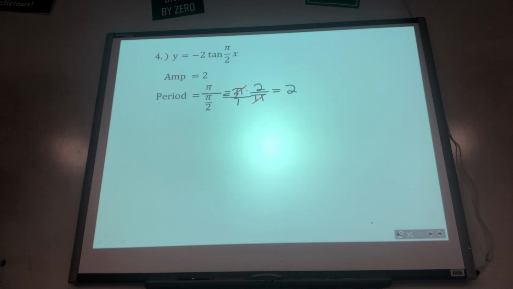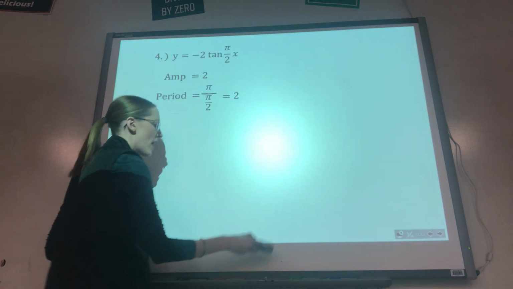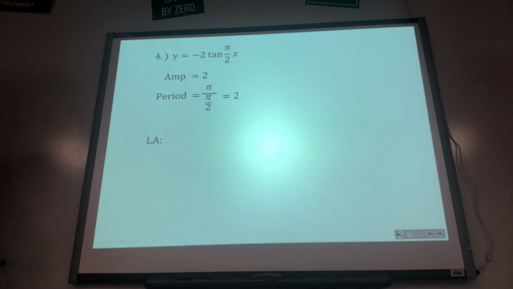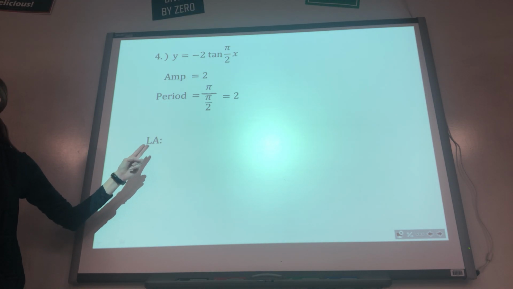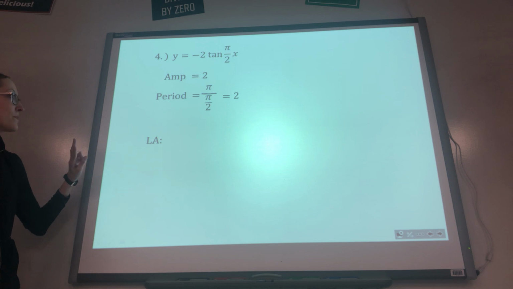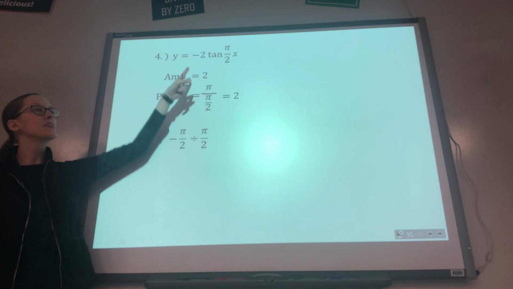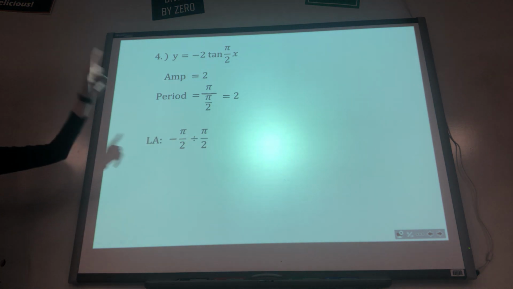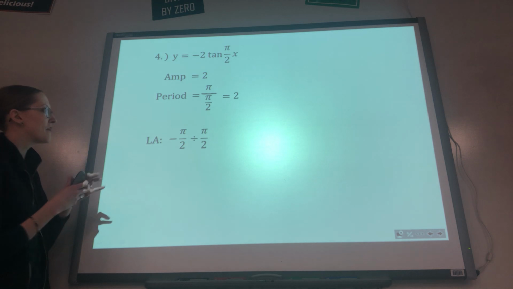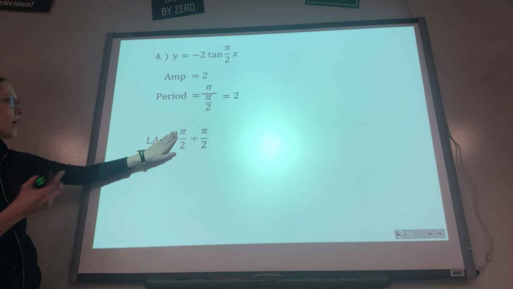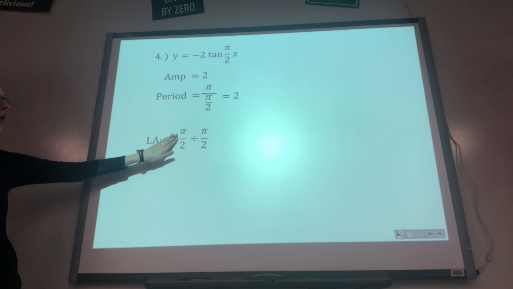So here we go one more time together. I need to find where my new important stuff is. Where was the left asymptote for the parent graph of tangent? -pi over 2. Take that divided by b. Now here's a quick way to divide right there. Forget the negative for a second, but what do you always get if you take a number divided by itself? 1.